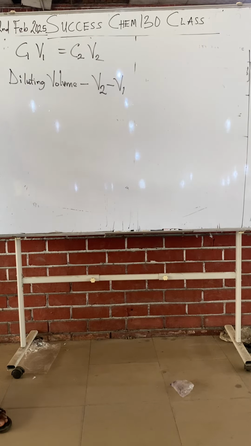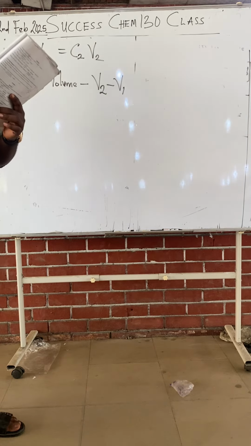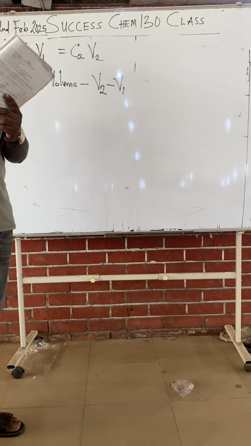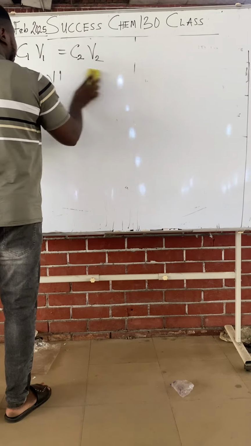Calculate the volume of water needed to dilute 200 ml of 0.1 M NaOH.